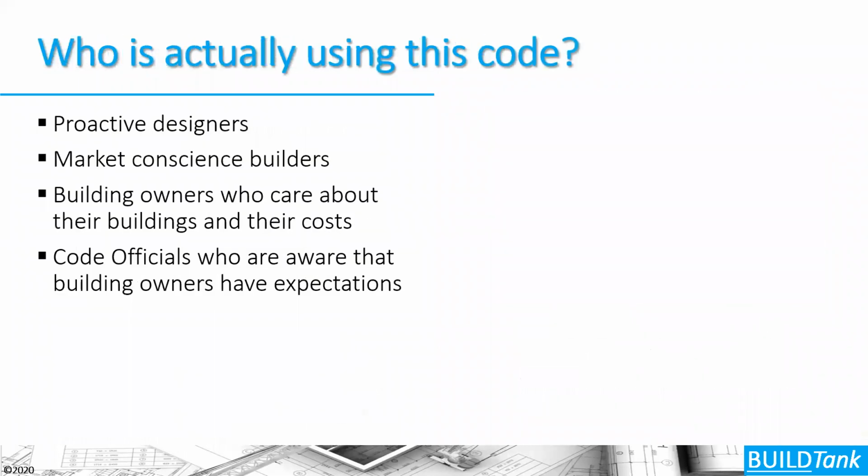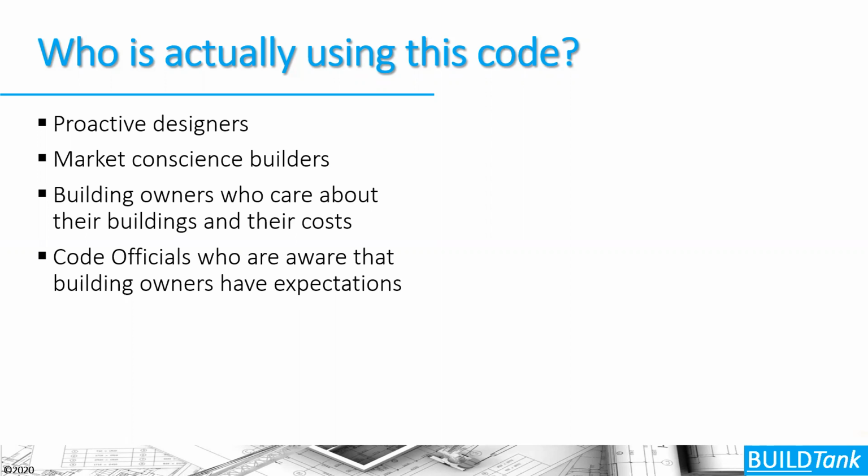Okay. And who's actually using the code? What we're seeing right now is that there are a number of people in the industry who are proactively looking at the code and trying to get additional benefit out of the code. These can be proactive designers or market-conscious builders, building owners who really care about operational costs of their building, and code officials who are aware that the building owners have these expectations of the house and they really want to meet those expectations of the house.